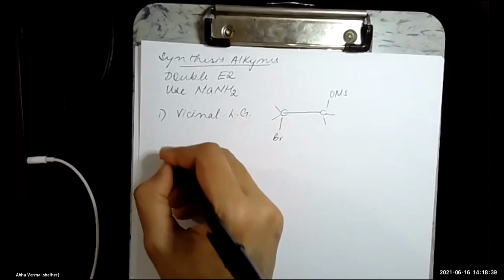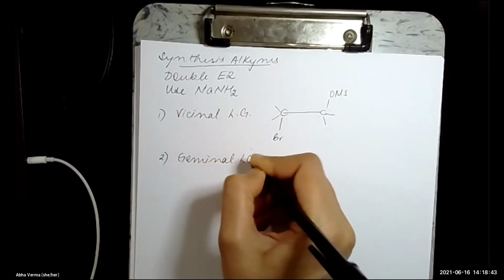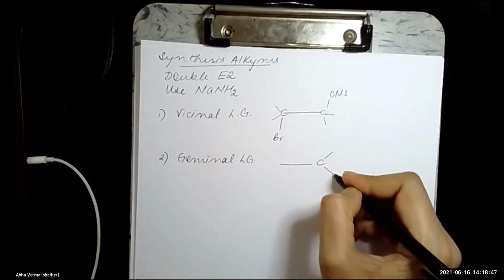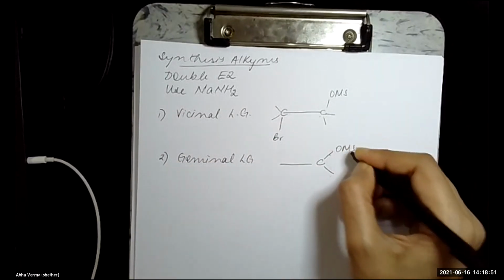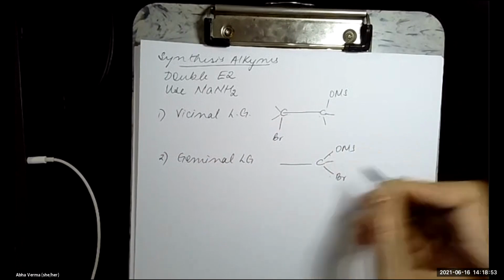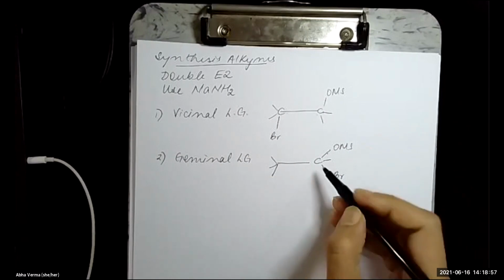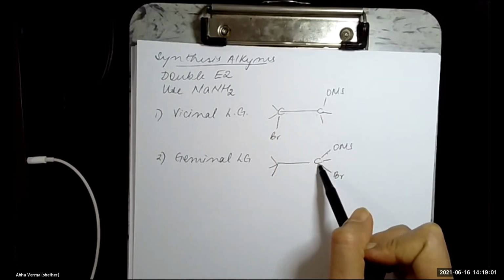Or I can have geminal leaving groups. Geminal just indicates on the same carbon. So my OMs and my bromine, both of them are on the same carbon, not on adjacent carbons, but on the same carbon. That's what geminal means.